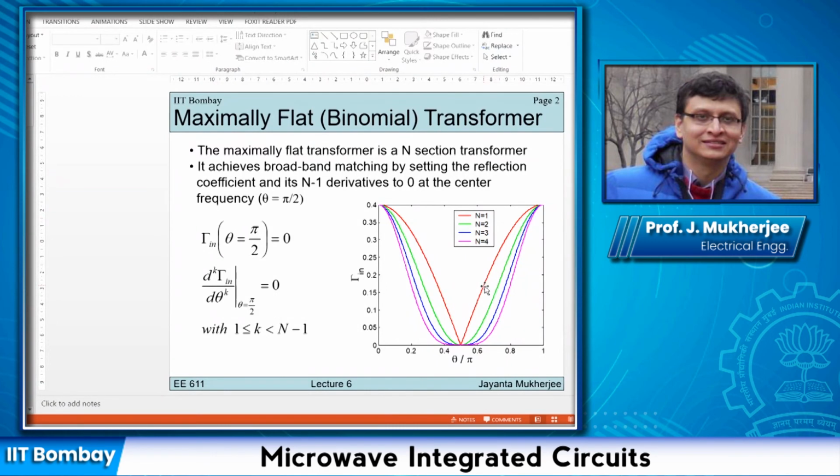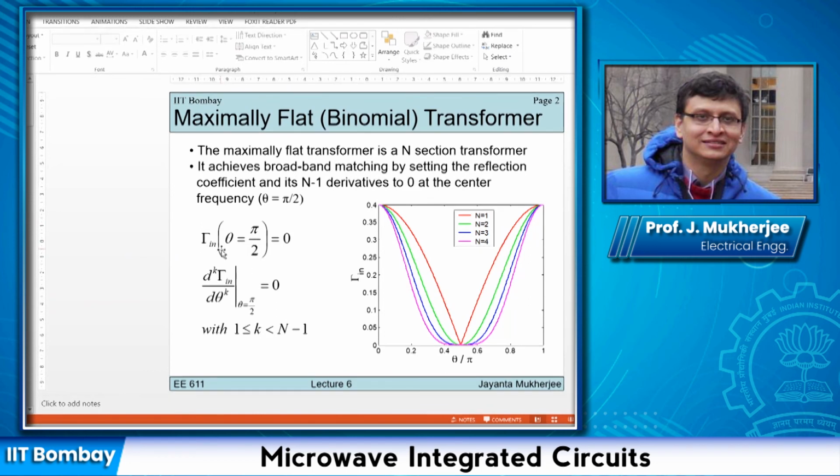This red line is the binomial function for the first order. What this n value implies will become clear in a moment. But before that, n here implies the order of the transformer. So here the equations that I just wrote were these equations.